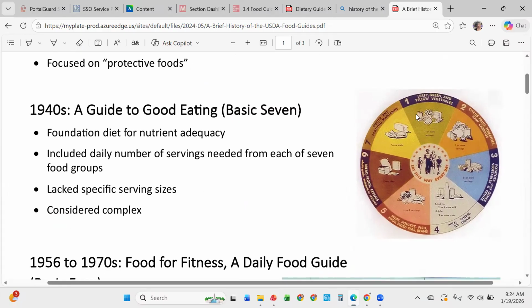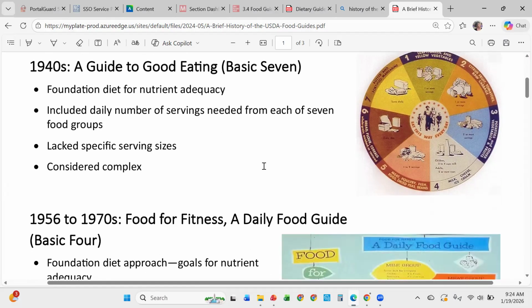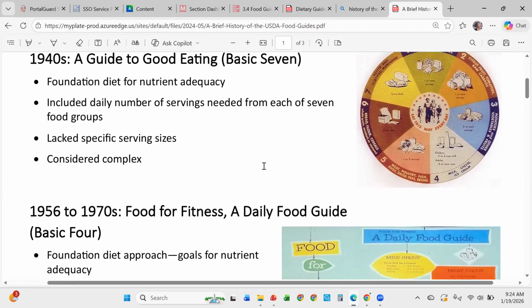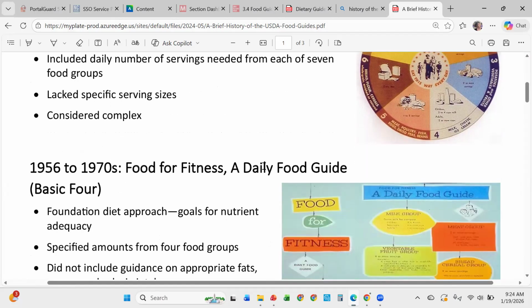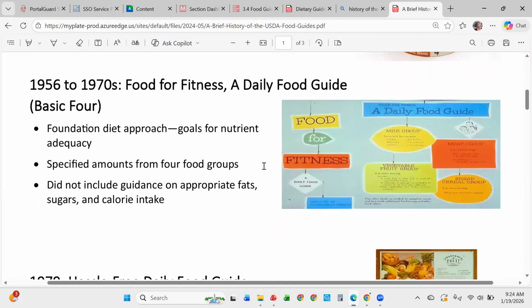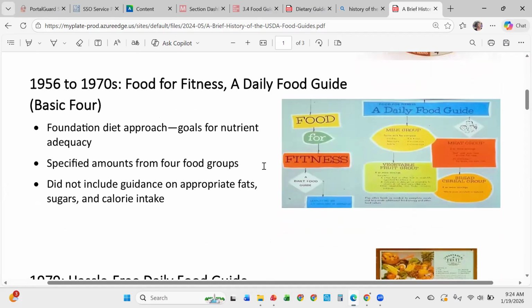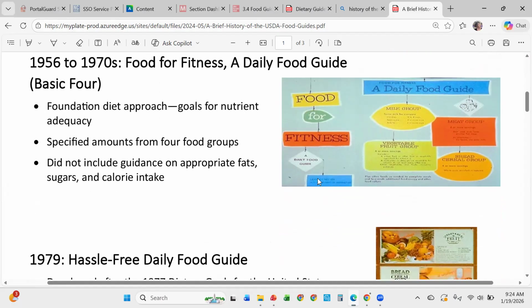And you see the different food groups: the leafy green vegetables and the fruits and the dairy products and the grains and the meats and the fats and so forth. And over the years, this visual guide went from a guide to basic eating to, here you see in the 50s and 60s and 70s, more of a chart format known as the Daily Four: your milks, meats, veggies and fruits, which they combined, and then breads.